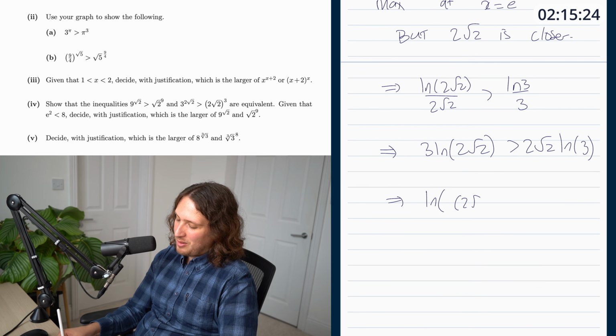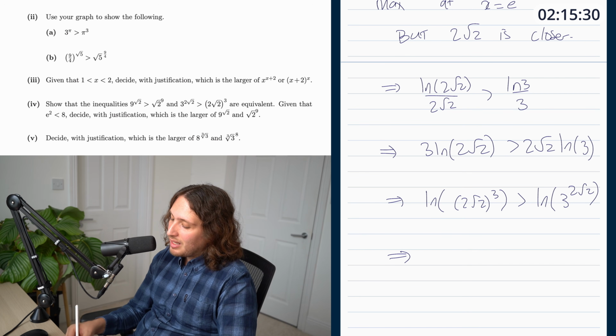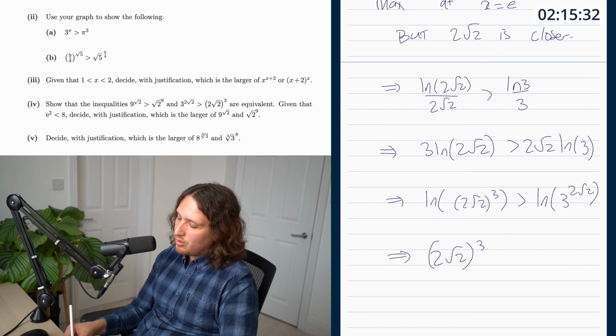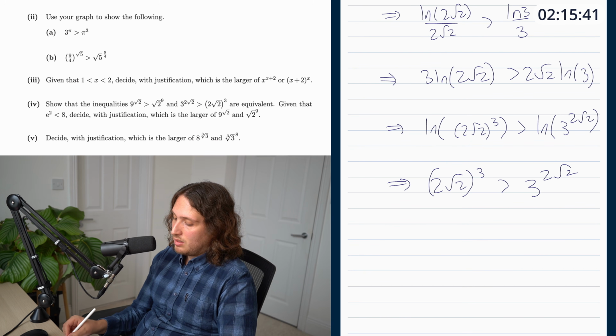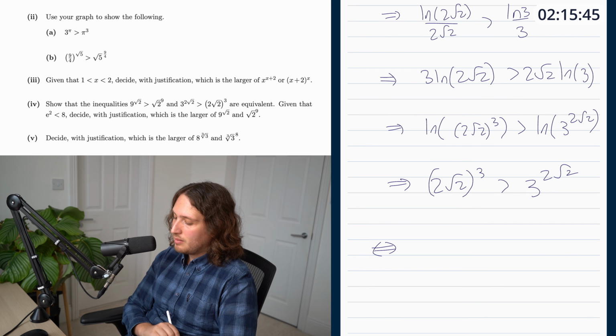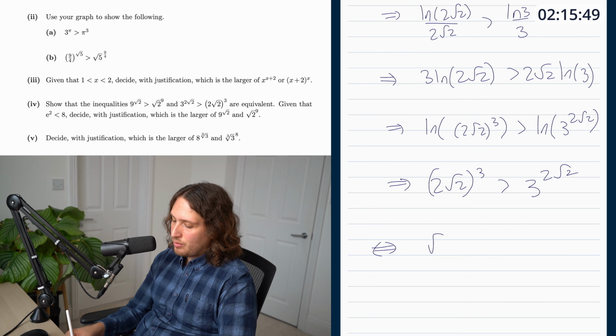Ln 2 root 2 cubed is bigger than ln 3 to the 2 root 2, which implies 2 root 2 cubed is bigger than 3 to the 2 root 2, which by earlier is the same as saying root 2 to the 9 is bigger than 9 to the root 2.